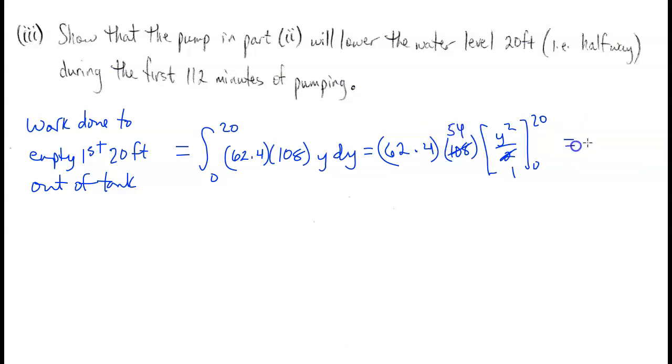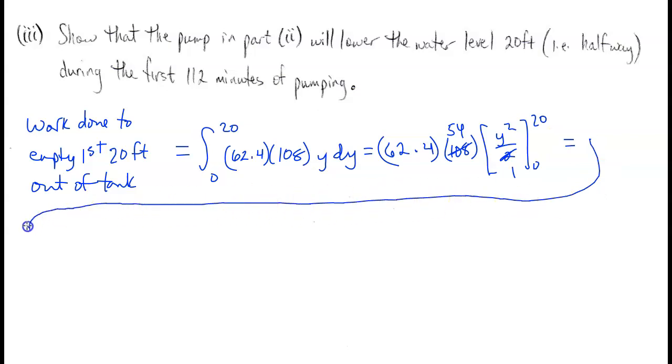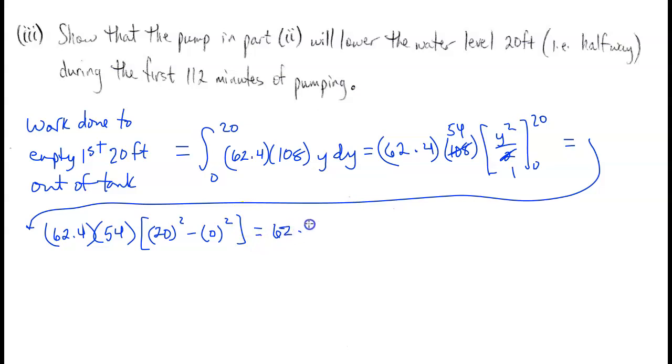Okay. And so here we'll have 62.4 times 54, and this will be 20 squared minus 0 squared, which essentially will be 62.4 times 54 times 400, because 20 squared is 400.